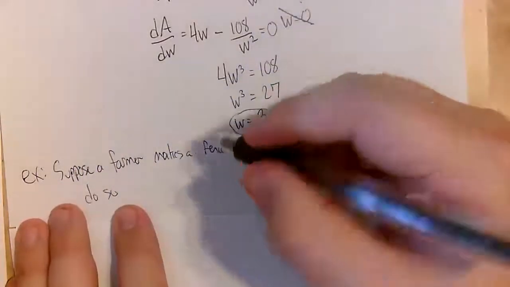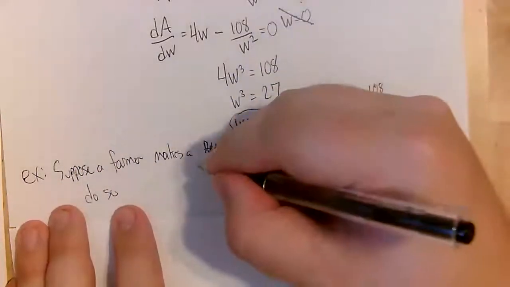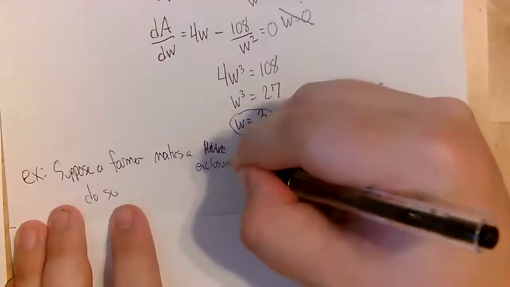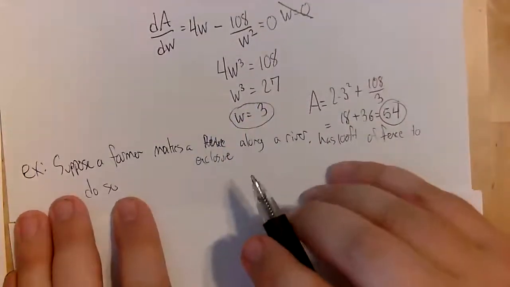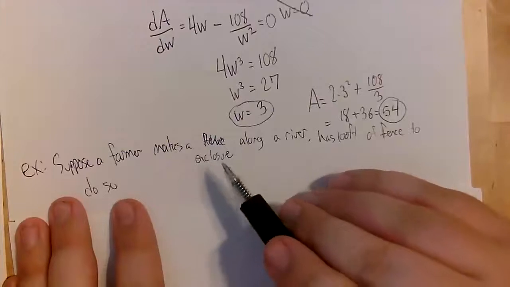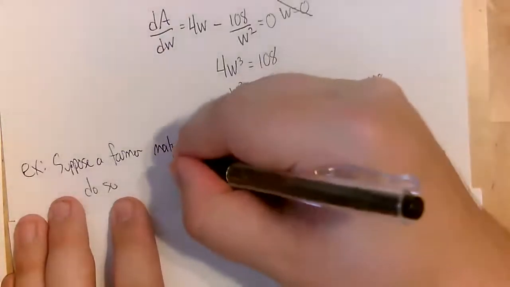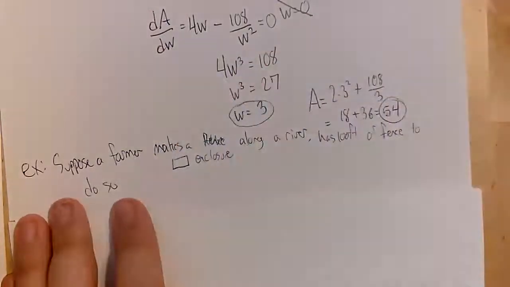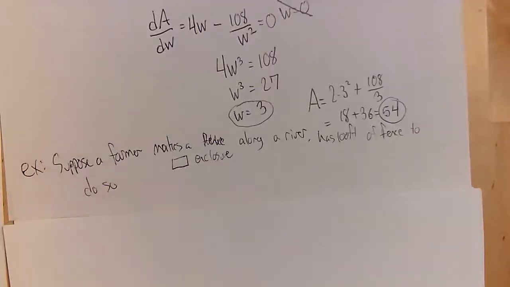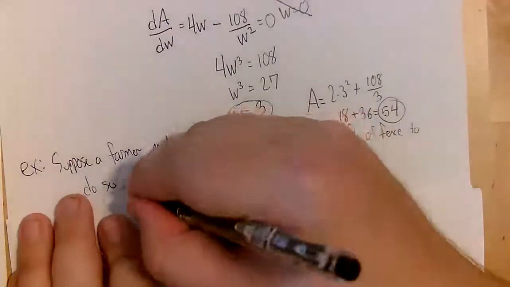Oh, sorry. Instead of saying make a fence, I should say an enclosure. So the goal of this farmer here is to make an enclosure, a rectangular one, I should say. So a rectangular enclosure along a river where the river will make up one side of this enclosure.